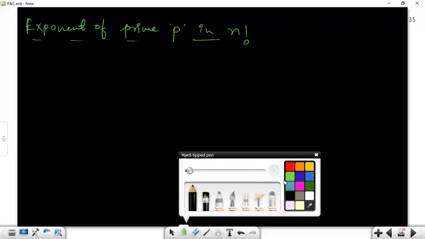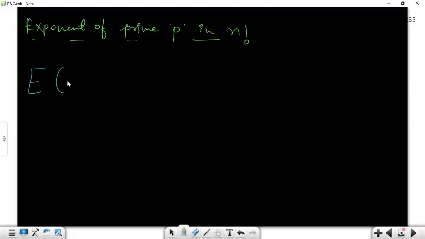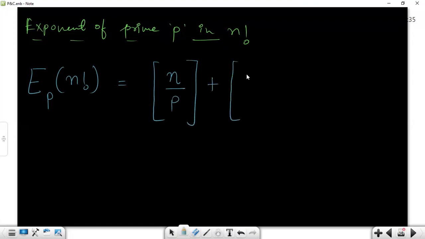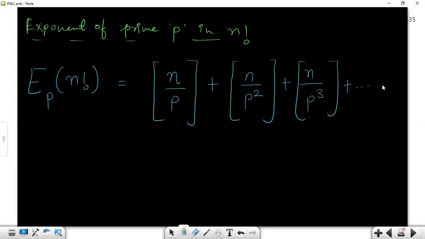So the method says, let me write, if you have to find the exponent of prime p in n factorial, then we'll take the greatest integer function of n after getting divided by p, and we'll keep on raising the power of prime p till it has not become 0.